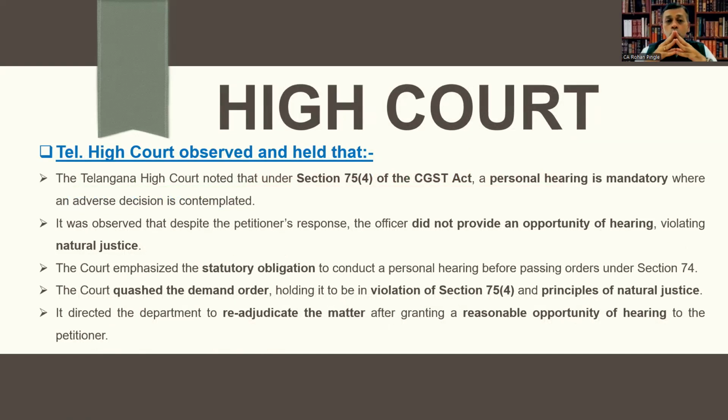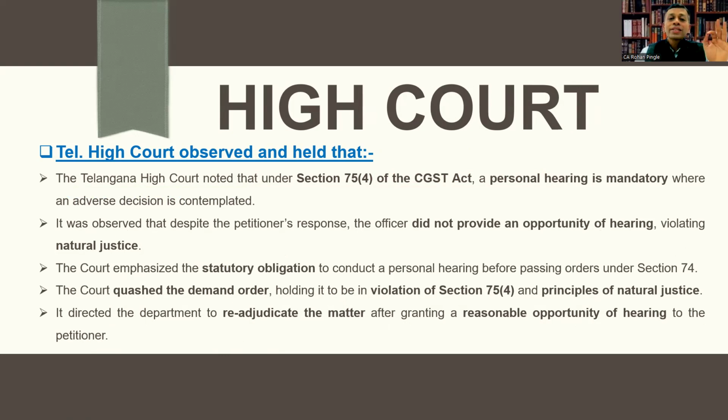The Telangana High Court noted that under Section 75 subsection 4 of the CGST Act, a personal hearing is mandatory where an adverse decision is contemplated. It was observed that despite the petitioner's response, the officer didn't provide an opportunity of being heard, violating natural justice.